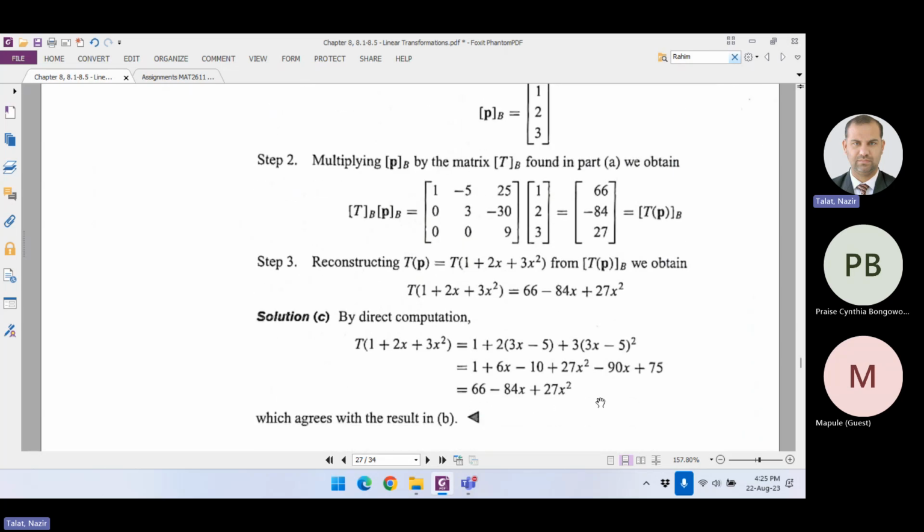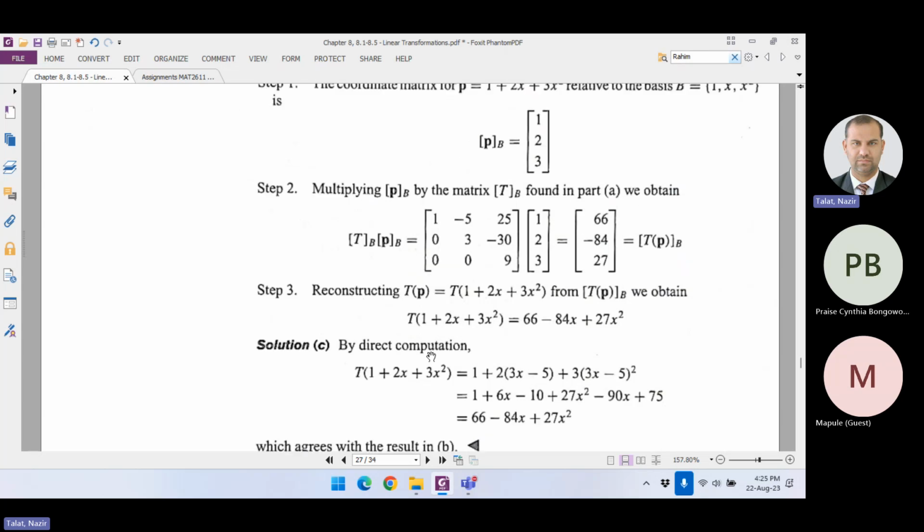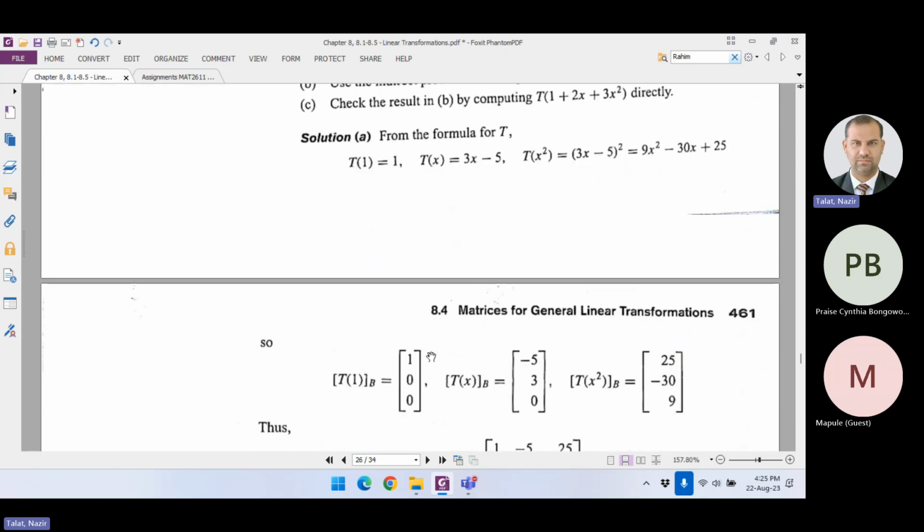And by the direct method, just simply put in T instead of C0 is 1, C1 is 2, and C2 is 3. We just put the coefficient values over here.